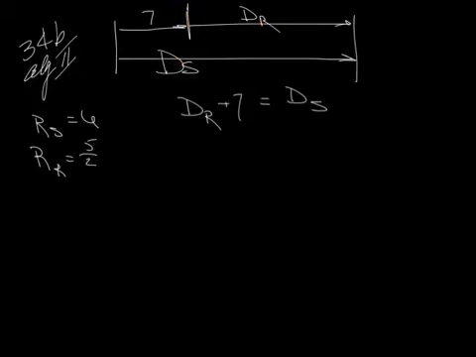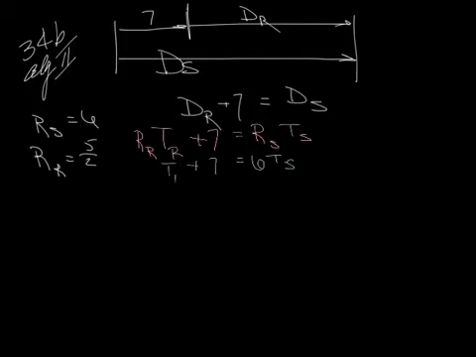So this number plus this equals this. And let's change that to rate. So we've got rate of Robin Hood times time of Robin Hood, plus 7 equals rate of the sheriff times time of the sheriff. Alright, so let's put the rate of the sheriff down, do it in blue here, 6 TS, and that'll be 7.